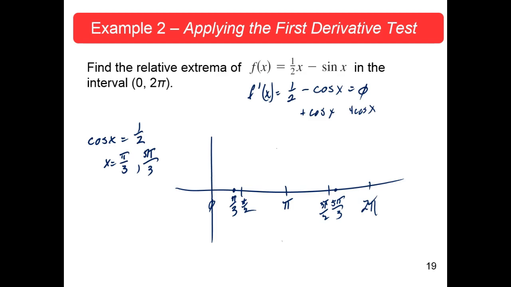So that's what we did in the first step, and we found these are the two values where the first derivative is 0. Now all we have to do is pick values, and we can do it one of two ways. Pick values to the left and to the right of each of these two zeros and see what the sign of the first derivative is. Is it positive or negative? That lets you know whether it's increasing or decreasing either side of the 0.